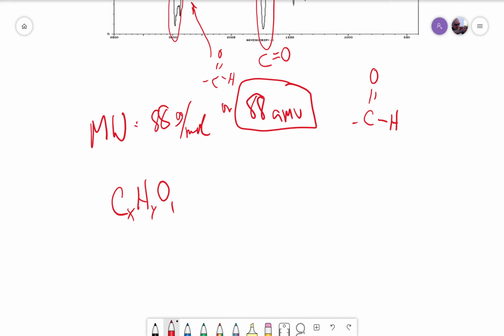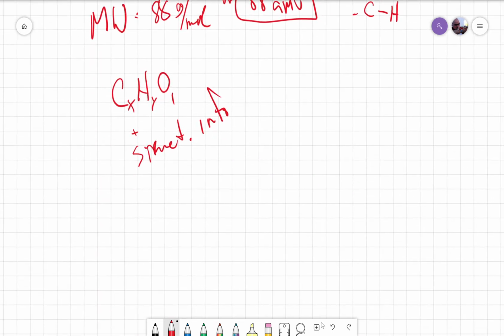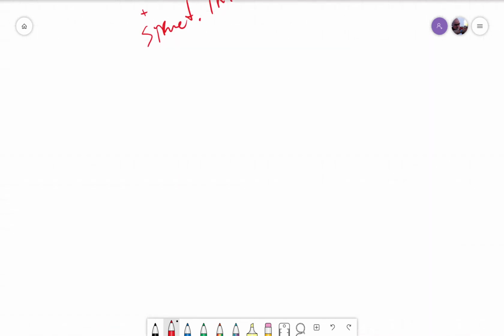What would be really nice is if I gave you the empirical formula plus additional structural information. Then you could probably identify the exact isomer that generated that IR spectrum. Ultimately, that is the purpose of mass spectrometry.